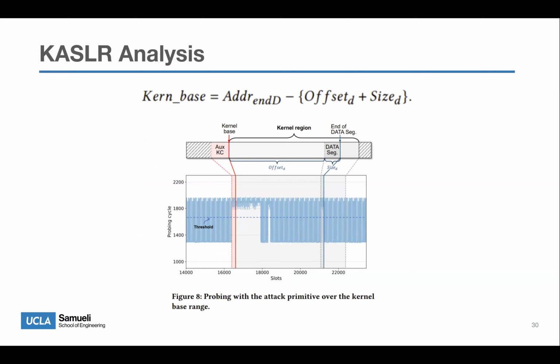They also recognize that a small fraction of high latency means it's the beginning of the data segment. Since the data segment offset is always constant throughout different processors, we can get to the end of the data segment, and that's where we find the kernel base address, by using the end of this address minus the offsets here, and also the size of the data segment.